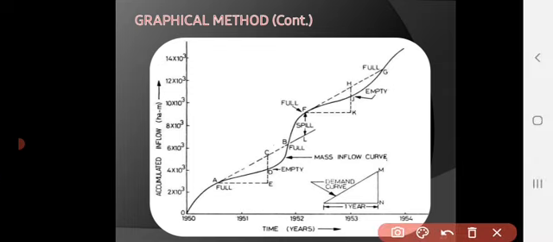So here there are two curves. On the x-axis is year, and on the y-axis is accumulated inflow. This is the mass curve, which is prepared with the help of inflow, the amount of water collected at a particular site, and this is the demand curve. We are considering the demand is constant, therefore the demand curve is a straight inclined line.